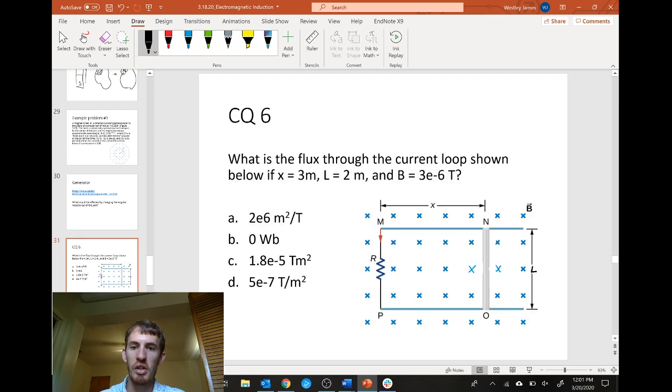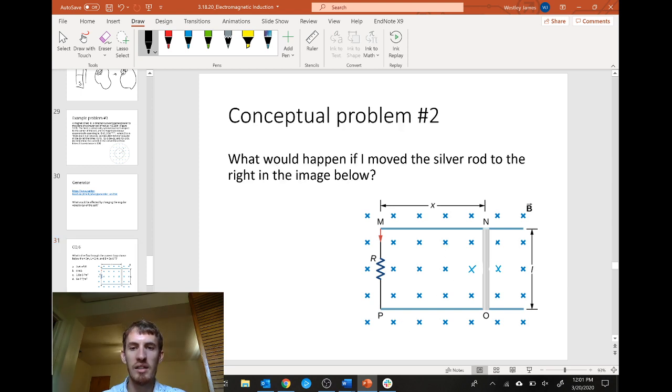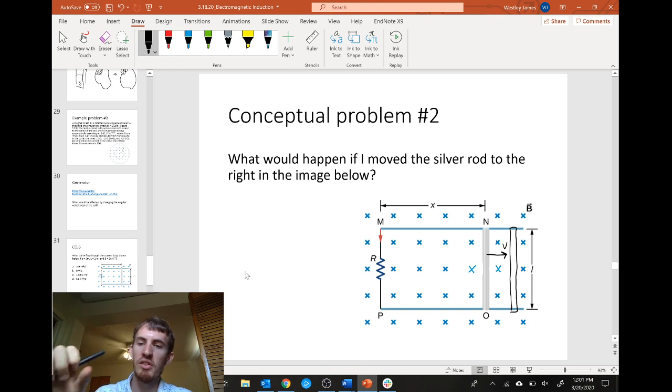So the next 2 clicker questions are the idea of a rod moving. First it just has you find the flux. And then the next thing is what would happen if I moved it. We already did an example of this. If you move the rod to the right, so it's moving this way, at some later time my rod is here. I have gained magnetic field lines going into it.